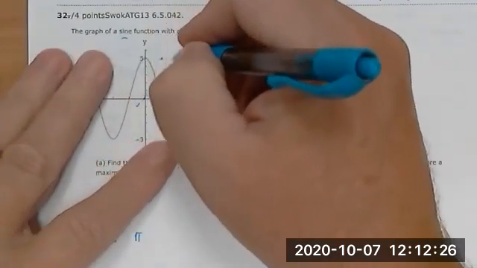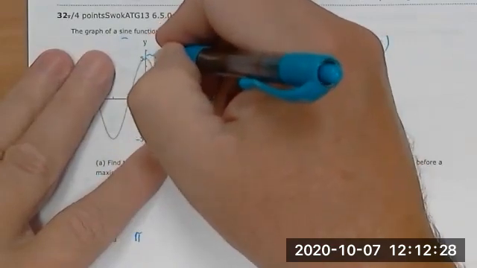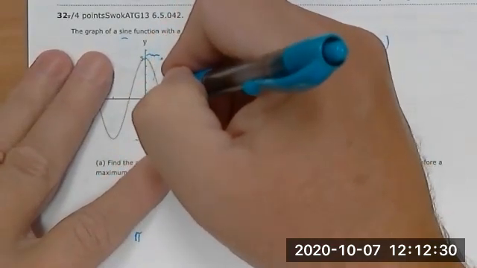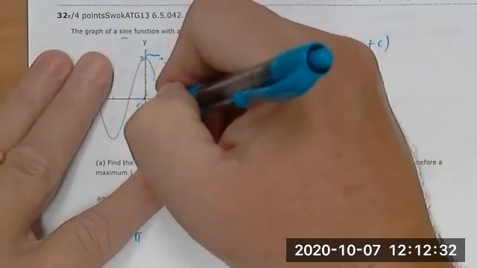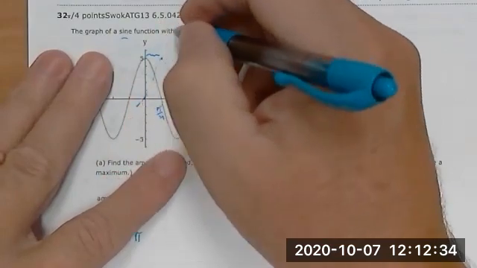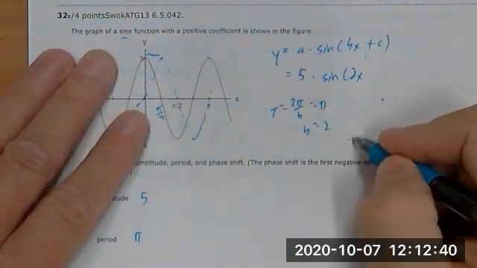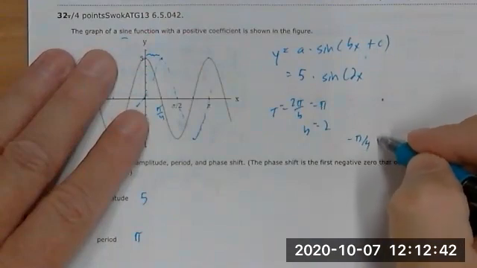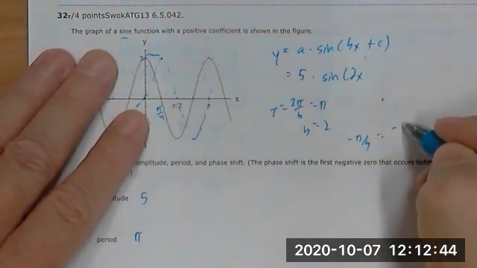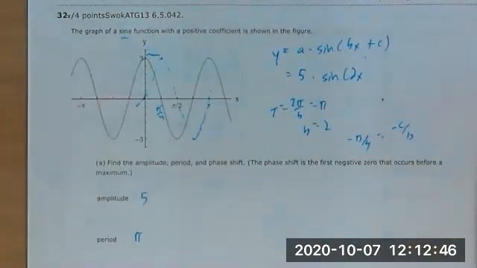Okay, it's actually not too bad. It's from here to here. That's probably pi over 4. Looks like the phase shift is negative pi over 4, which means phase shift equals negative C over B.